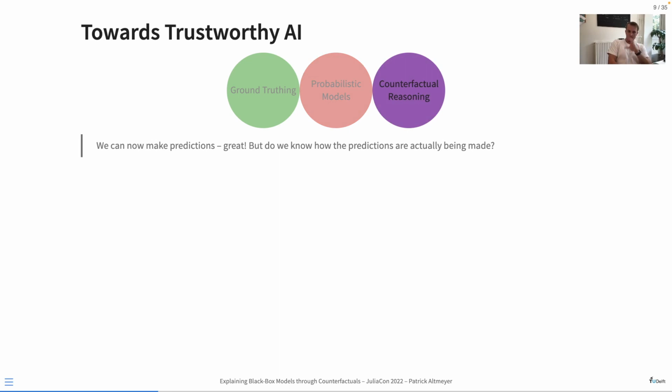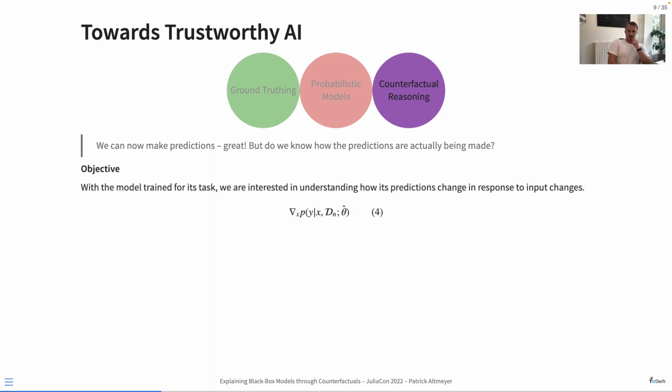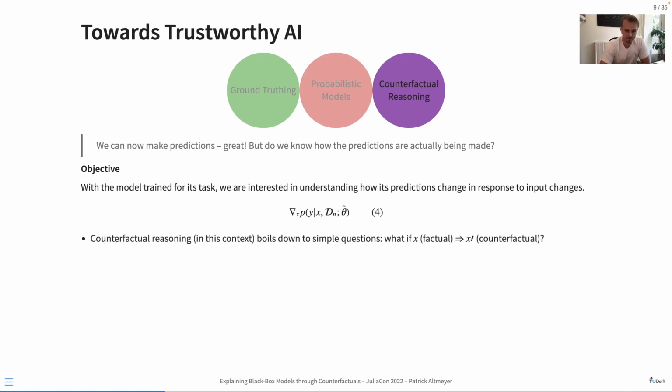Now, counterfactual explanations come in after the modeling stage, and we're interested in understanding how the model actually makes its decisions. In particular, in this context, we look at how input changes lead to changes in the output to emulate the behavior of the black box that we're trying to explain.